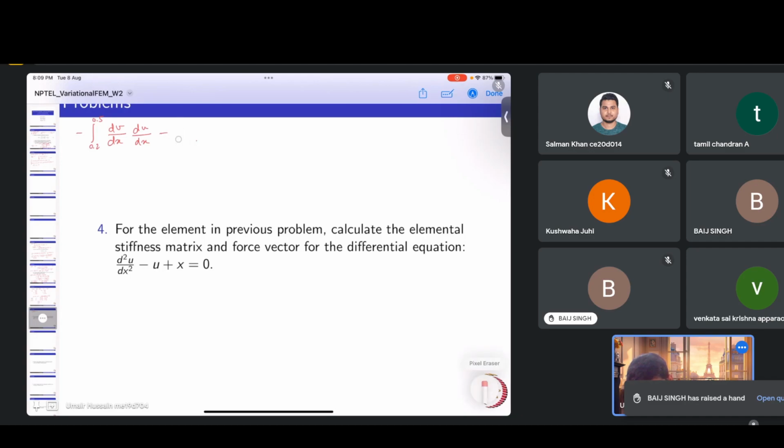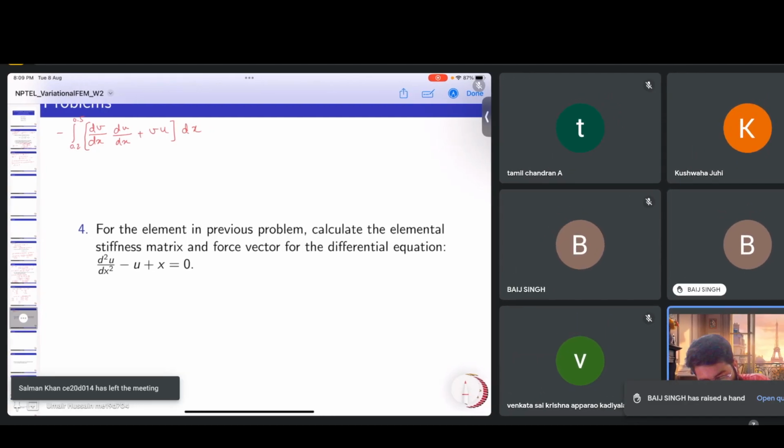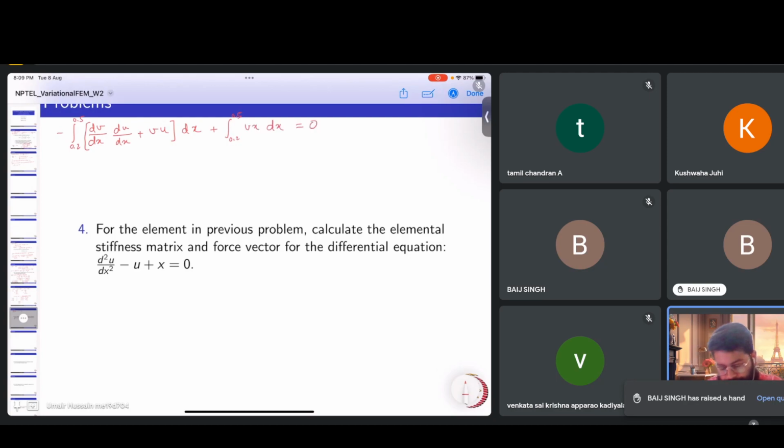I'll just combine these two terms. So this would be our weak form.